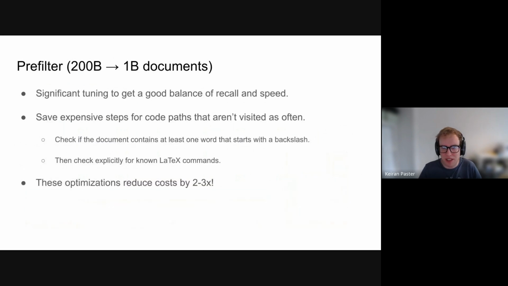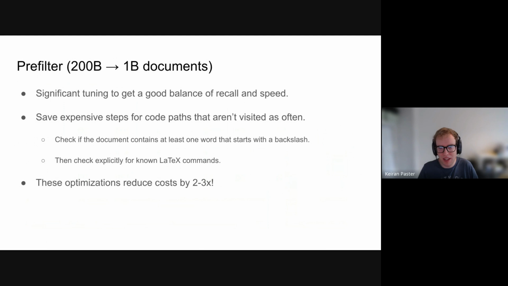Some notes here: this is the step that required a ton of tuning to get a good balance of recall and speed. There are decisions here where you could maybe get 10% more documents, but it would cost 3 times as much to process the data set, so you need a really good trade-off.